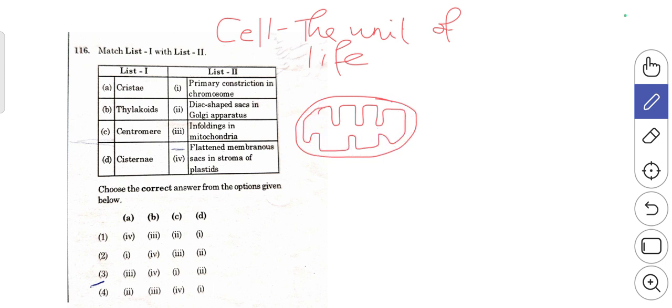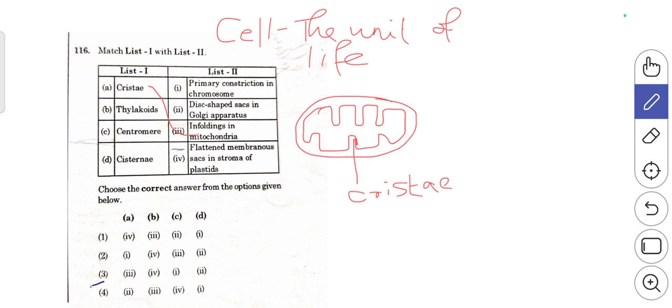The infoldings present in the inner membrane are called the cristae. So these are the infoldings present in a mitochondria, that is cristae.